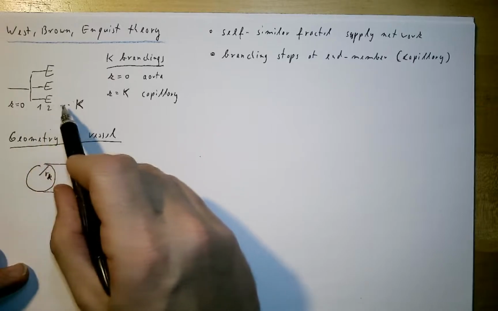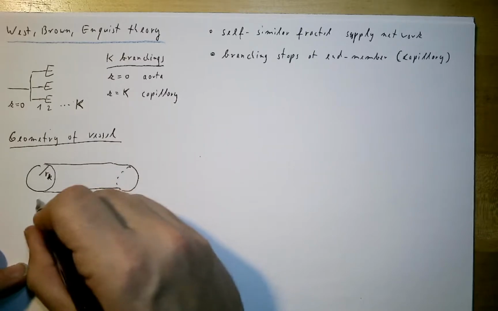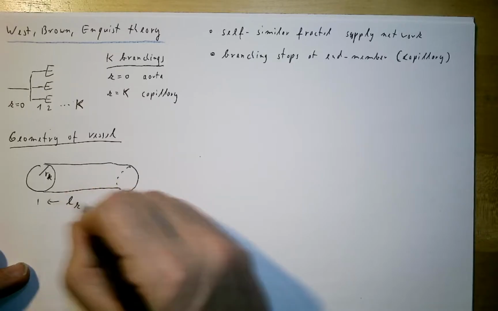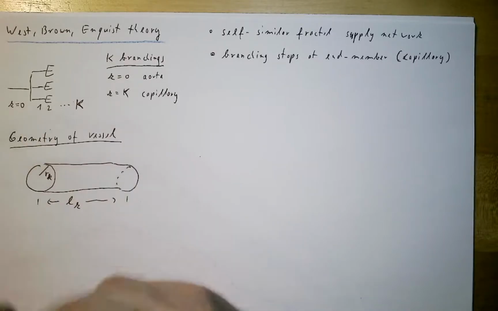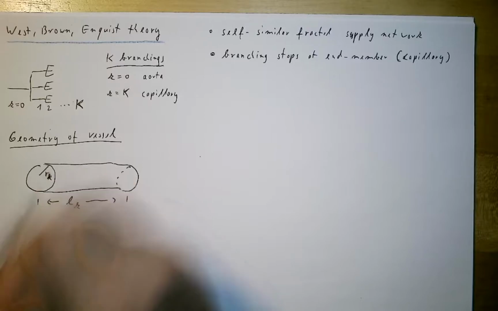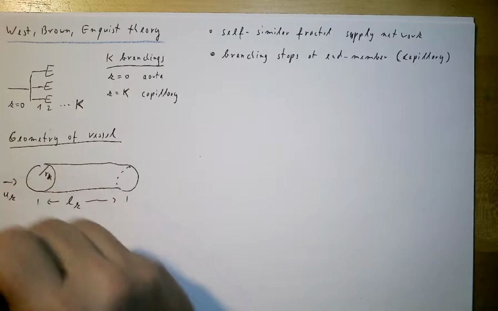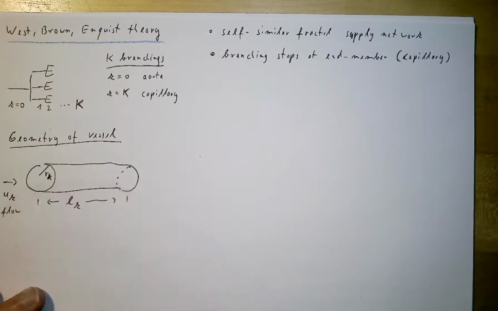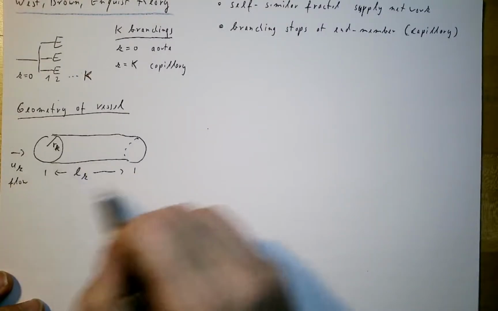If we're deeper in the fractal system, our radiuses get smaller. It has a certain length, l_k, and also the lengths are reduced when we go deeper in the system. So then we have here the area, pi r squared, and we have a flow u_k, that's the blood flow through the vessel. So the vessels are cylinders which have a certain flow, a radius and a length.